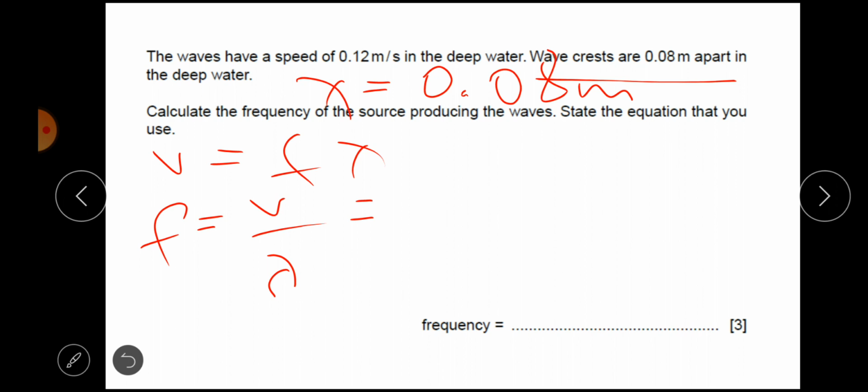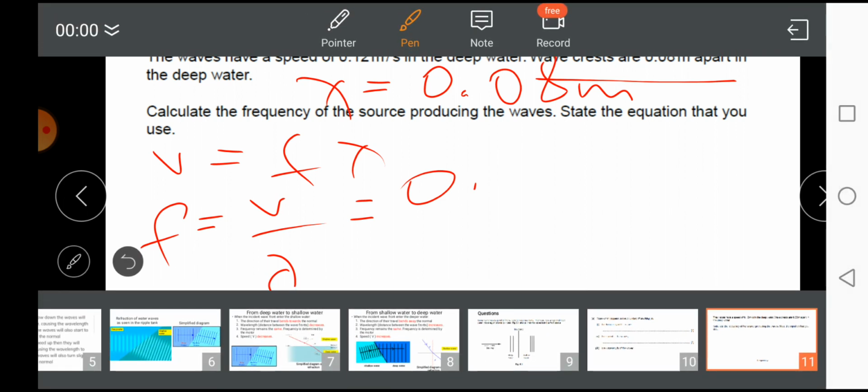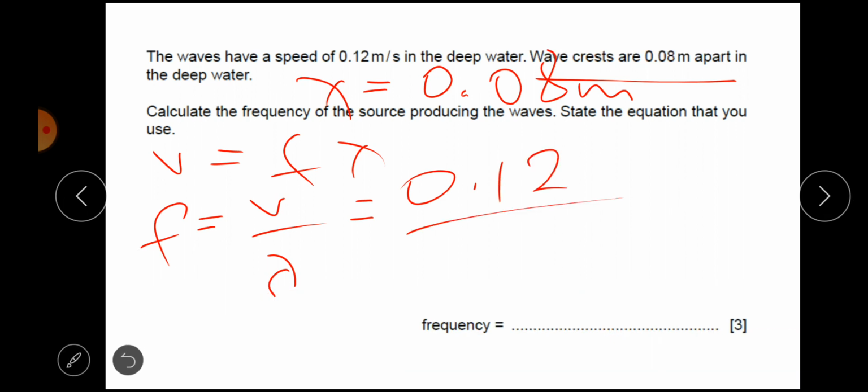Now if we calculate here, what are we going to get? Speed is 0.12 over the wavelength. What is the wavelength in this case? It is 0.08.